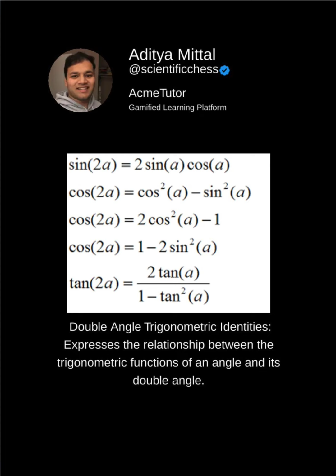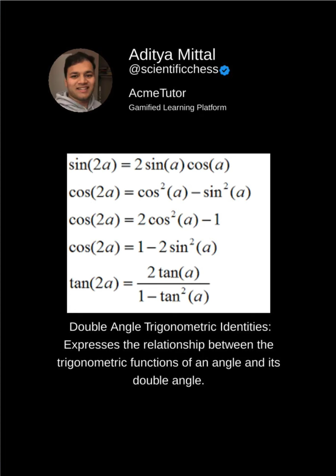You can use the sum formula and say it's sine of 30 plus 30. Then you would get sine of 30 cosine of 30 plus cosine of 30 sine of 30. Remember, the sign is the same for the sine, and it goes sine cosine, cosine sine. And for the cosine, it goes cosine cosine, the sign flips, and then sine sine, as in the last slides.